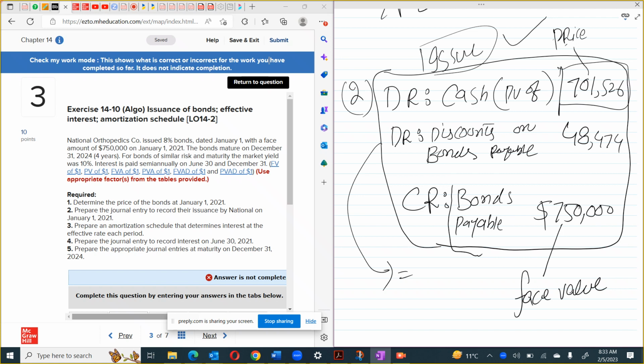And I have told you that cash interest will remain the same. Tell me how to calculate cash interest. Stated amount multiplied by the coupon rate. Stated amount is 700,000 and coupon is 6%, half of 12%. So it will be 42,000.